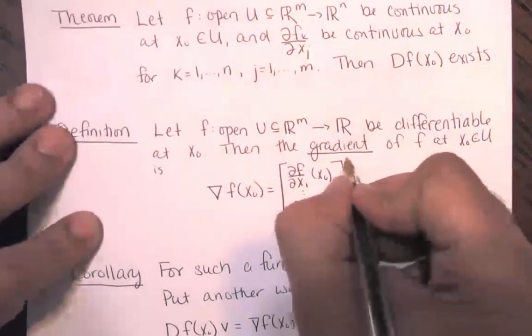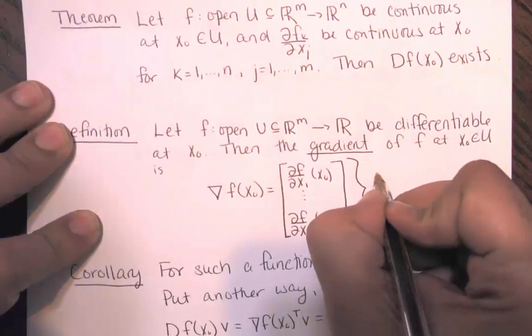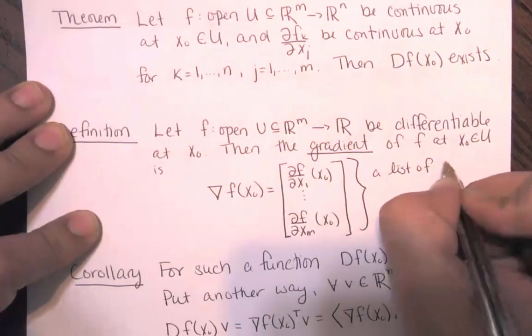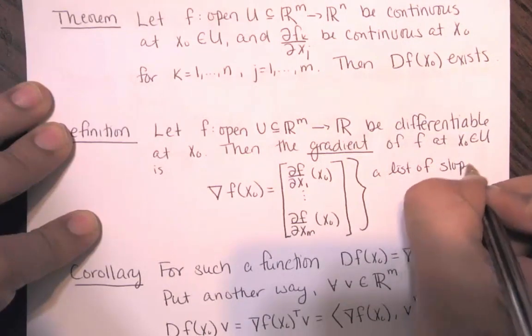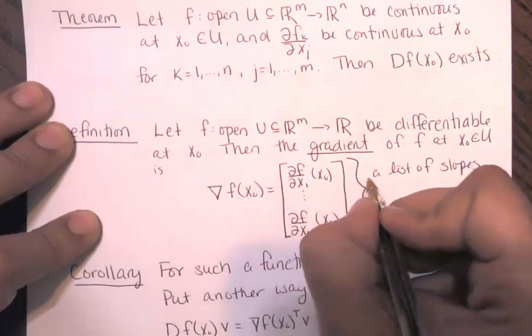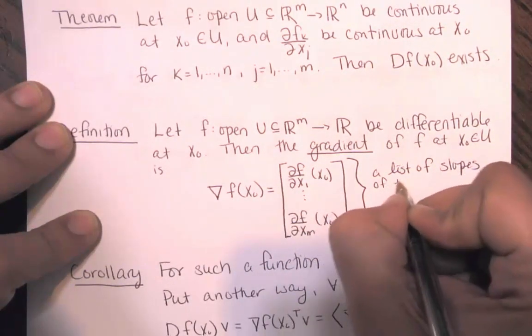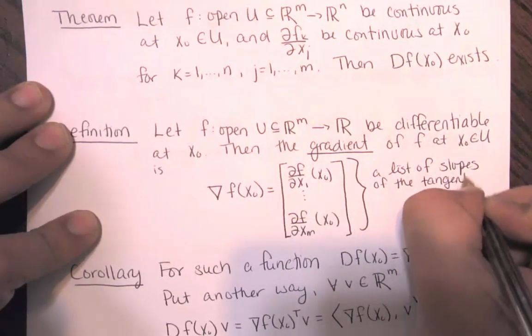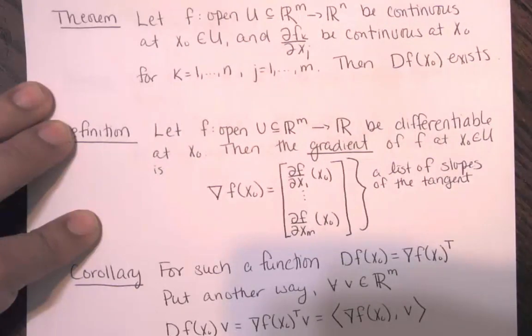we can really think of this as a list of slopes of the tangent... Now, what's the right word? It's not a tangent line because this is in multiple dimensions.